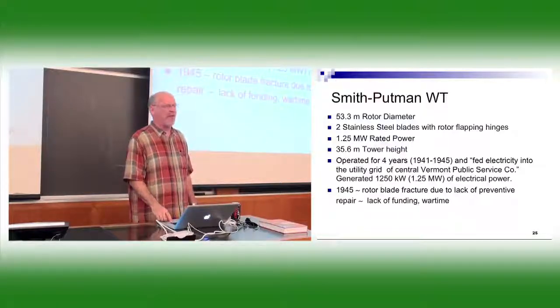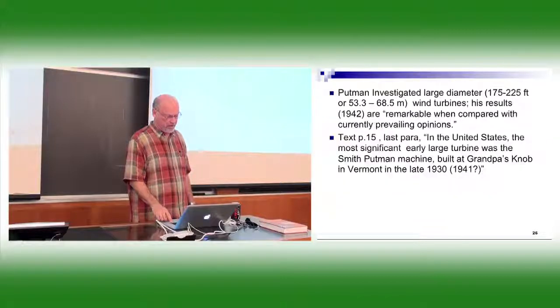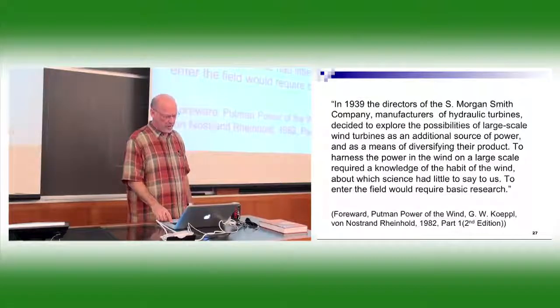In 1945, it was destroyed due to a fatigue failure. People say his results are remarkable even when compared with present-day turbines. Our textbook says the most significant early large turbine was the Smith-Putnam machine built on Grandpa's Knob.